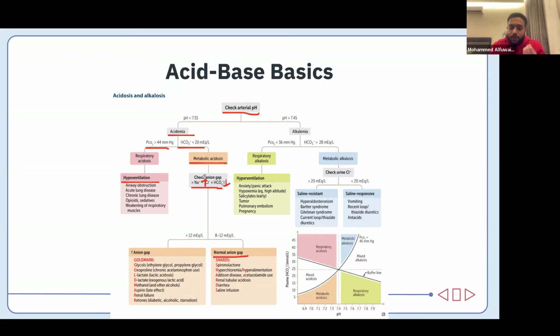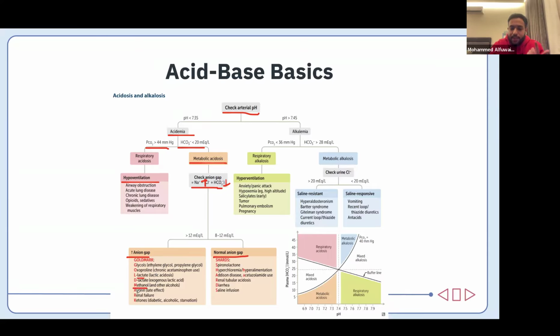If there's an anion gap, that means there's a solute causing a high anion gap. There's an acid being produced. When do we see this? Literally think of substances. Lactate is an acid.